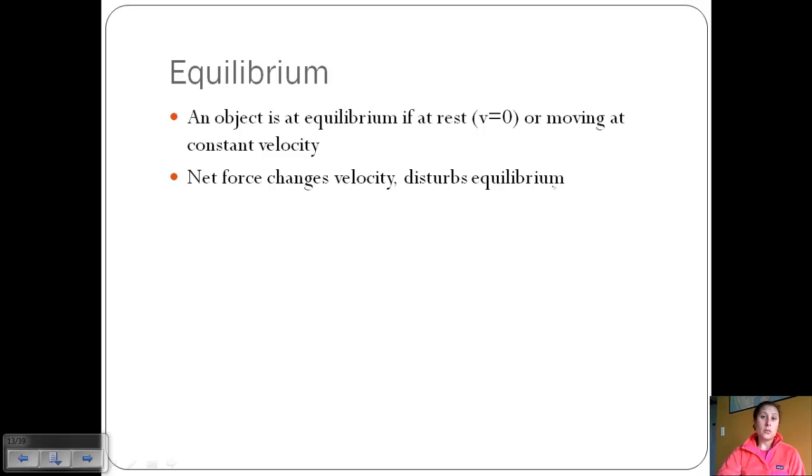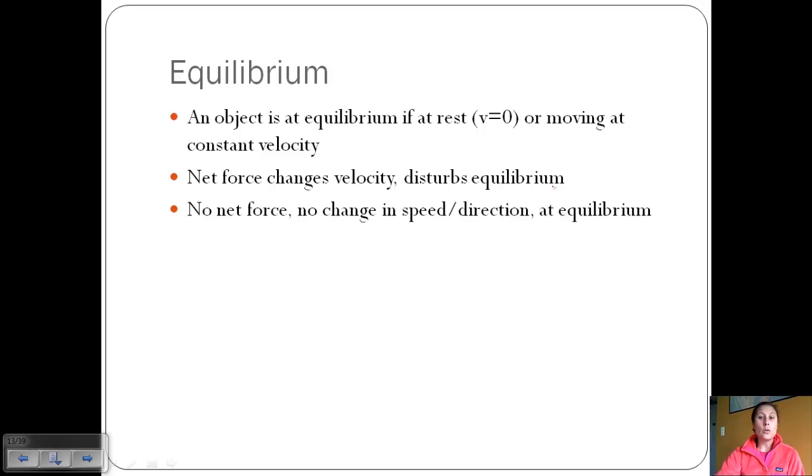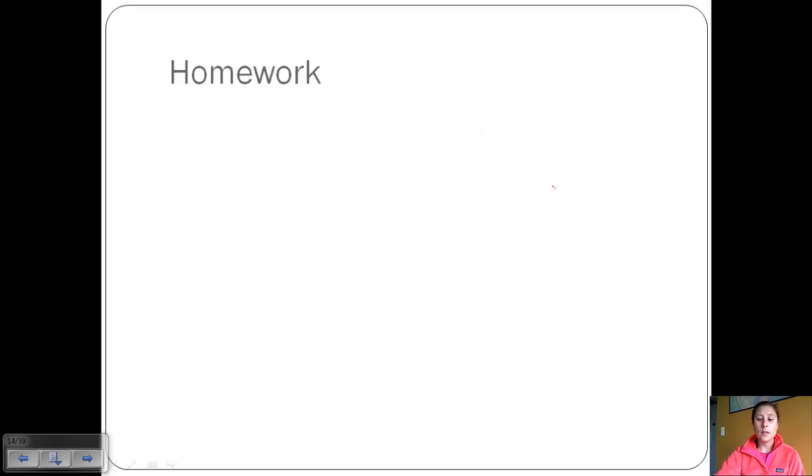Net force, however, so now we're instituting a force or more than one, would change the velocity, cause acceleration, and disturb the equilibrium. So no net force, no change in speed or direction, it's at equilibrium. And we're going to ignore air resistance because that adds in another complicating factor. So we're only going to look at forces that we're applying.